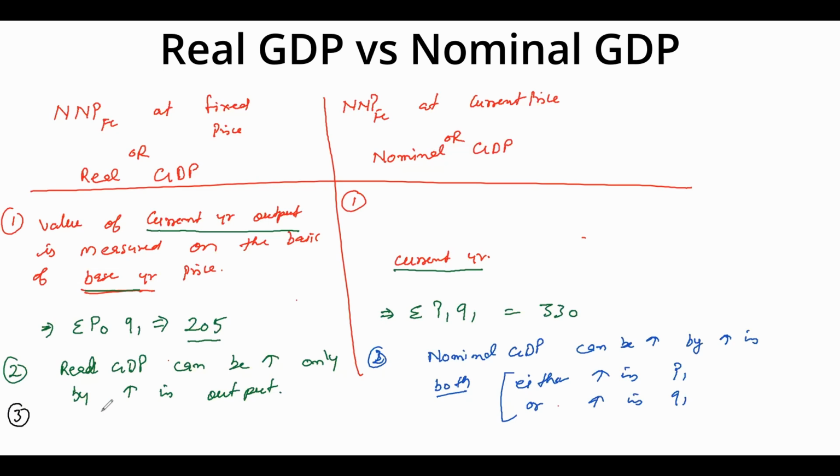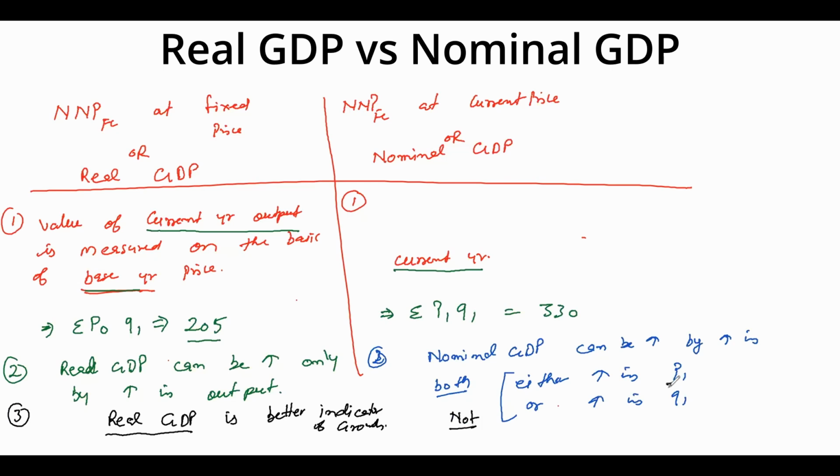So real GDP is a better indicator of growth. If you want to know about the growth of the nation, then you must have real GDP, and nominal is not a better indicator, as this can be increased only if the price increases.